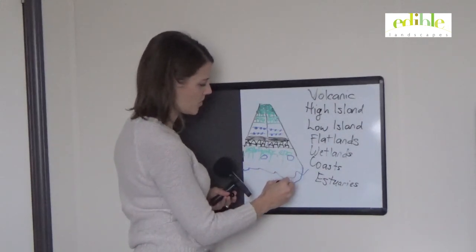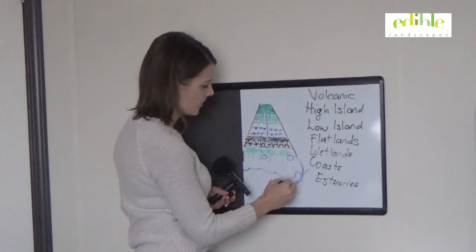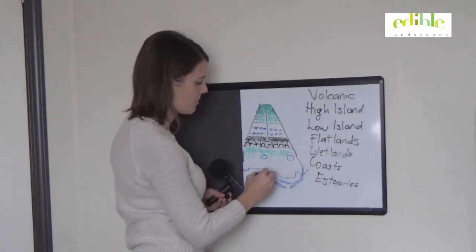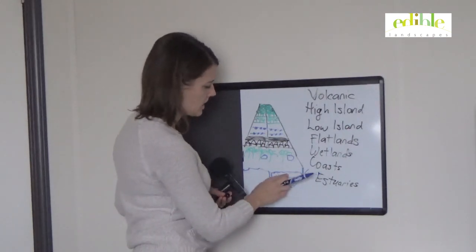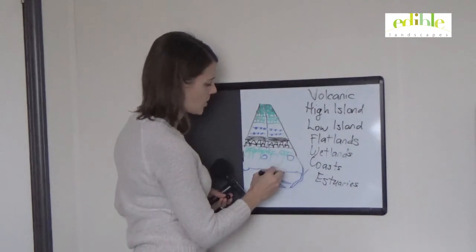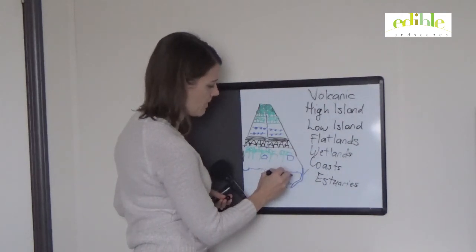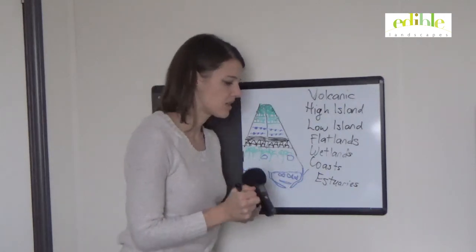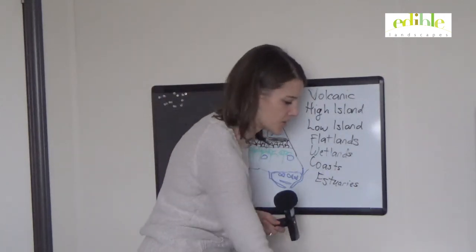So they would make almost like walls in the oceans, kind of like a double wall system where the fish would come in but not really be able to get back out. And so these large holding ponds would be where they would have a bunch of fish that they could hunt or that they could catch at their disposal.